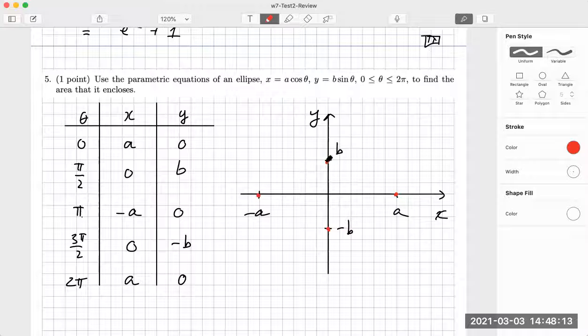We connect all these points, and it gives us an ellipse. It's not a good drawing, but you know. It starts from this point going in the counterclockwise direction.